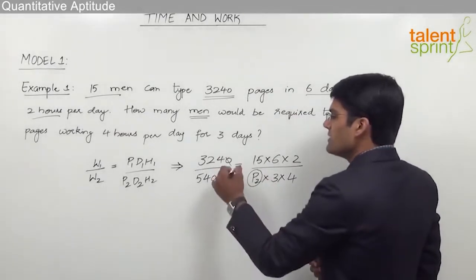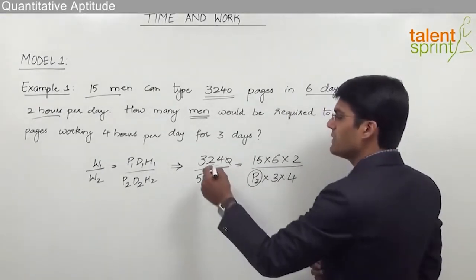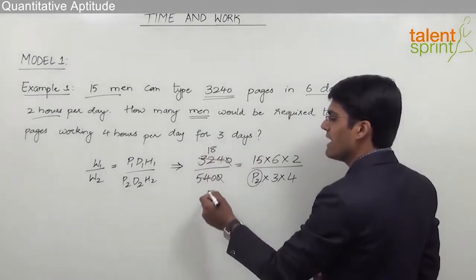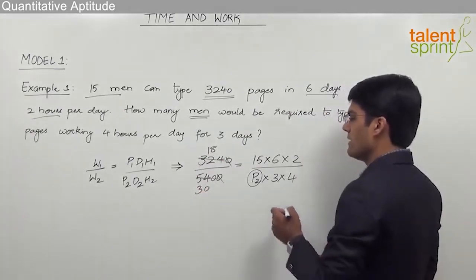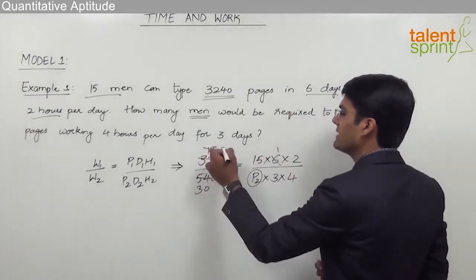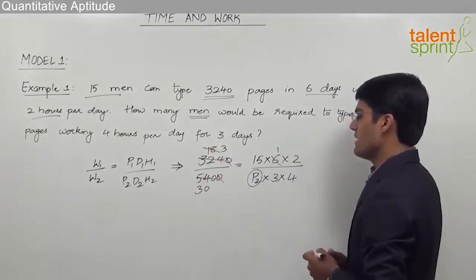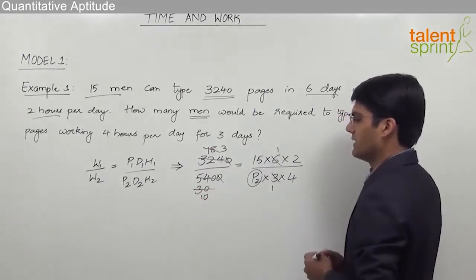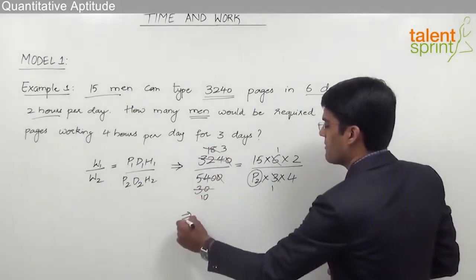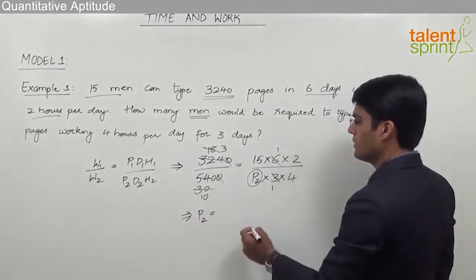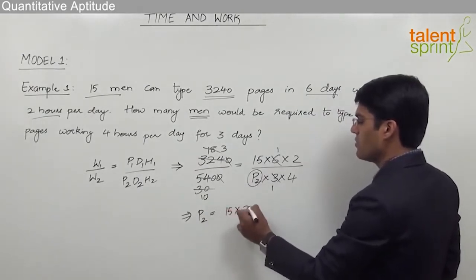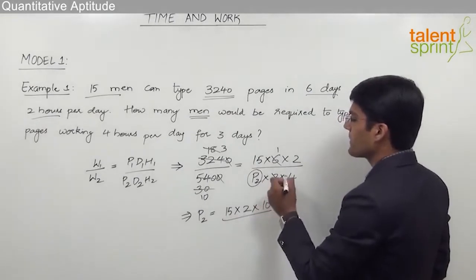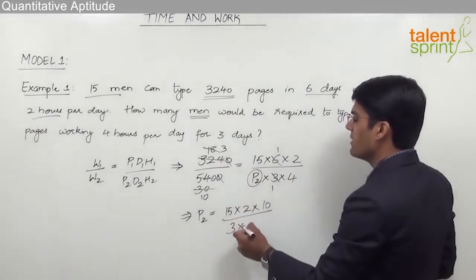So by simplifying this equation, we can find out the number of persons required in the second case. Now, zeros anyway get cancelled here. 324 is nothing but 18 into 18 and 540 is 18 into 30. So again 6 into 1 is 6, 6 into 3 is 18 and 3 into 1 is 3 and 3 into 10 is 30. So here we can say that P2 should be equal to 15 into 2 into 10, which goes on the other side, divided by 3 which comes in the denominator here, into 4.